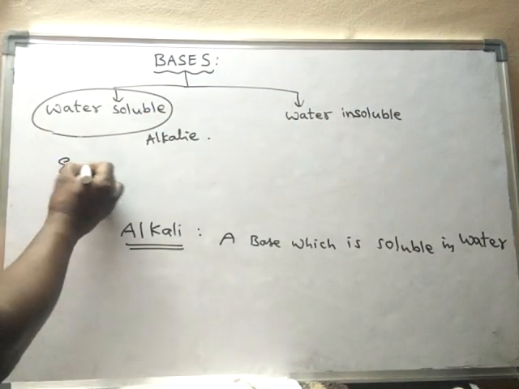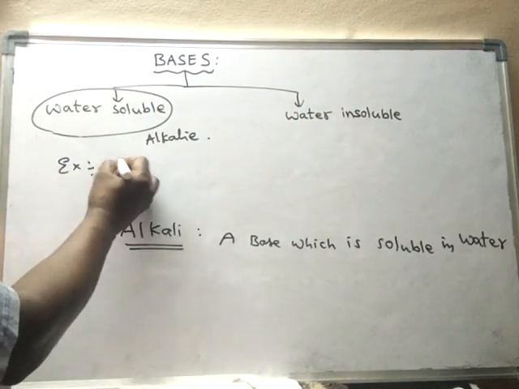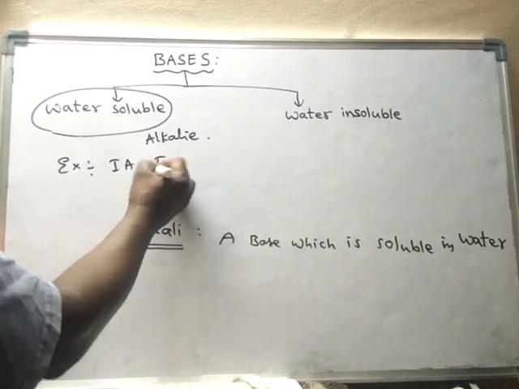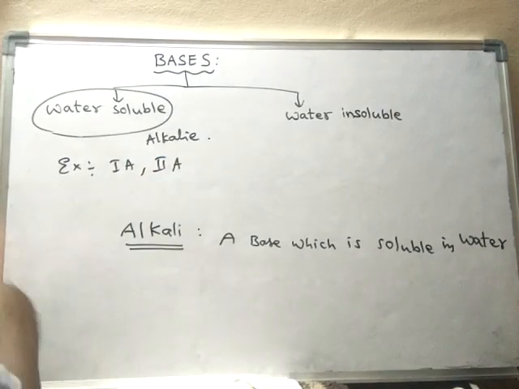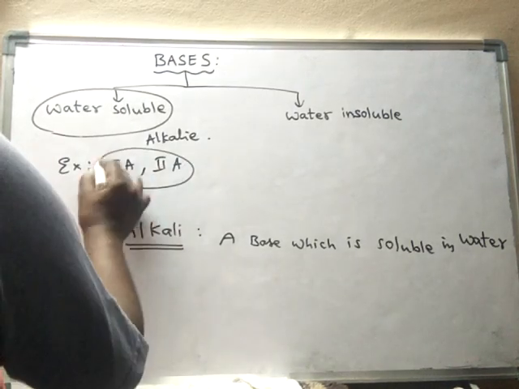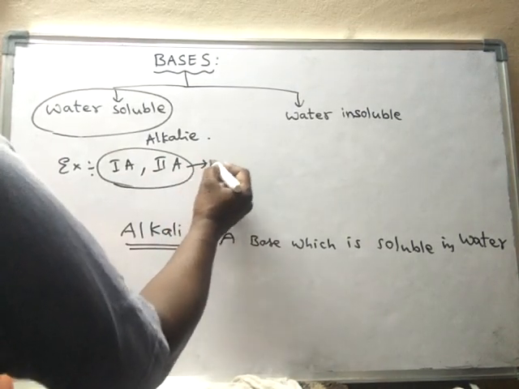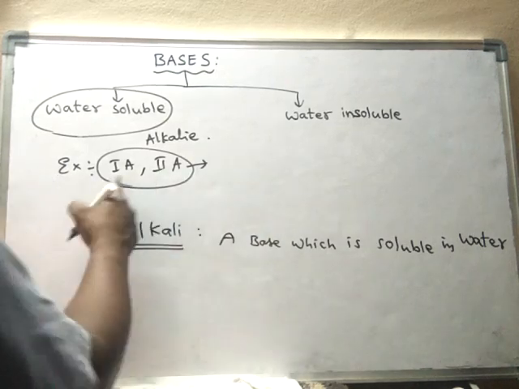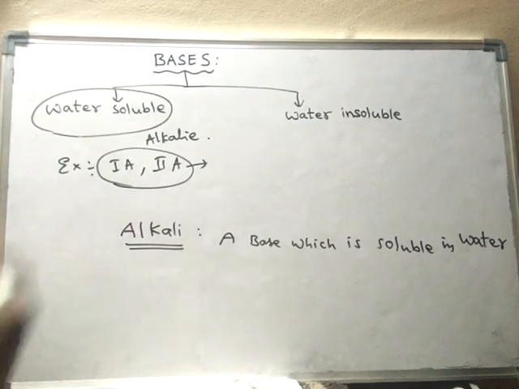Example, if I take all first group elements and second group elements, they are all metals.